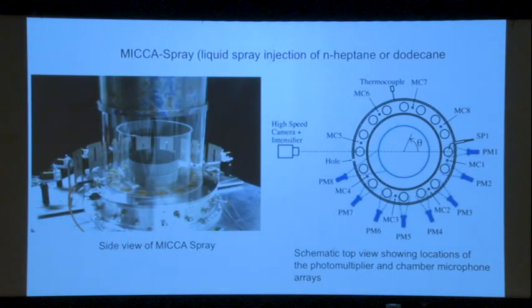Then we went to the spray. In fact, all the data previously was just for air and propane, but in practical engines, you have a spray. So we decided to have now injectors injecting a spray. This device has about 100 kilowatts of power.